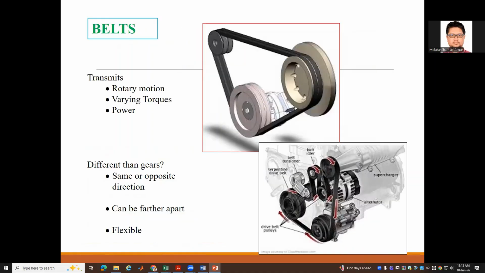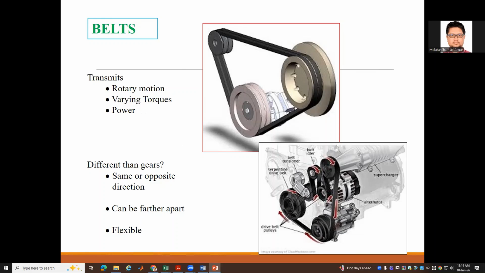All right, so basically it can transmit rotary motion. So meaning you can couple it pretty much with a motor, whatever rotary motors. And then from there, with different sprockets or wheels or pulleys, we can vary the torque.